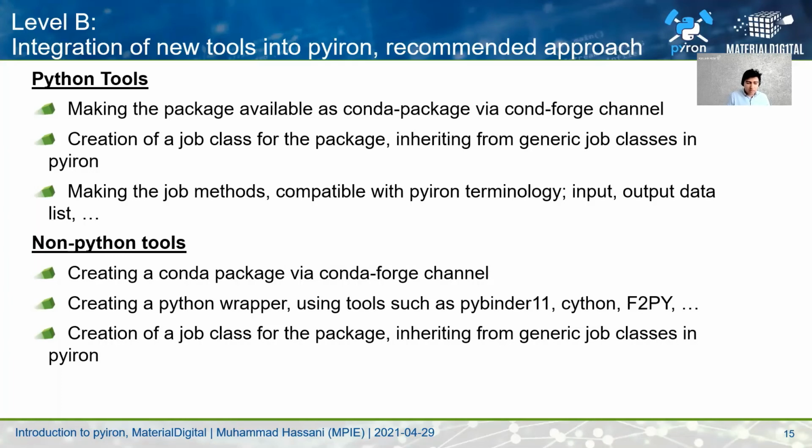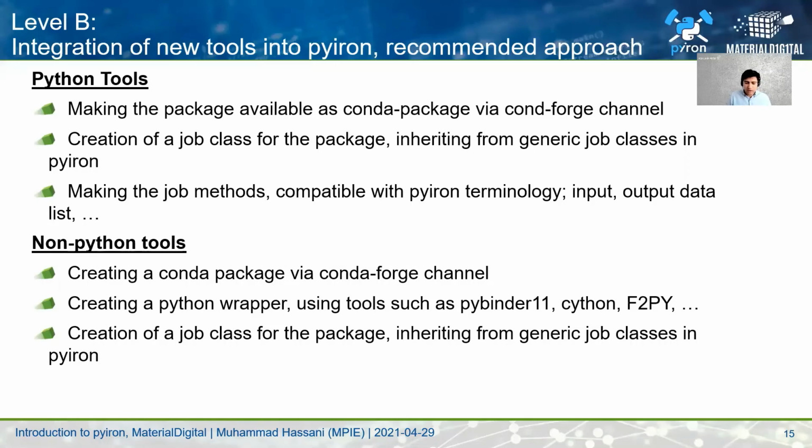If the package that you want to integrate into Pyiron is not built in Python, the path is similar with an additional layer on top. You need to first create a Conda package via the conda-forge channel. Then you need to create a Python wrapper. This is the extra step in comparison with the previous case.